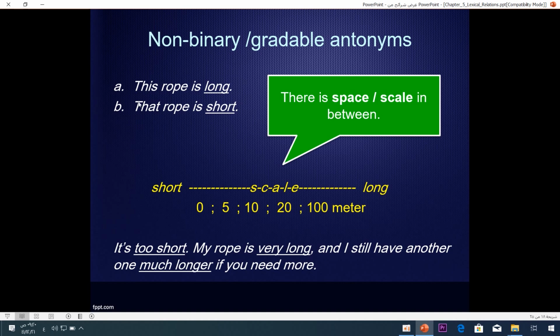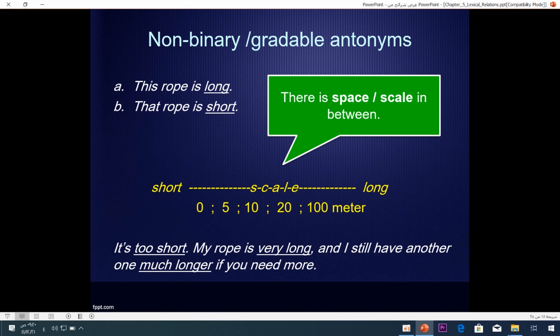That's why this robe is long, that robe is short. Remember this: if I say this robe is not long, it doesn't necessarily mean that it is short, because we can say long, longer, longest, very long, so long, extremely long, absolutely long, and so on.